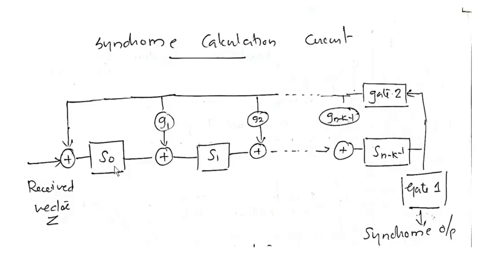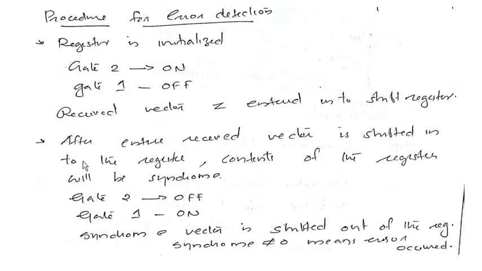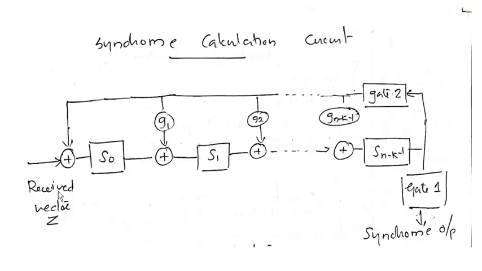After the received vector is shifted into the register, the content of the register will be the syndrome. So after receiving the vector, this circuit calculates the syndrome bits S0, S1 up to S n minus k minus 1.